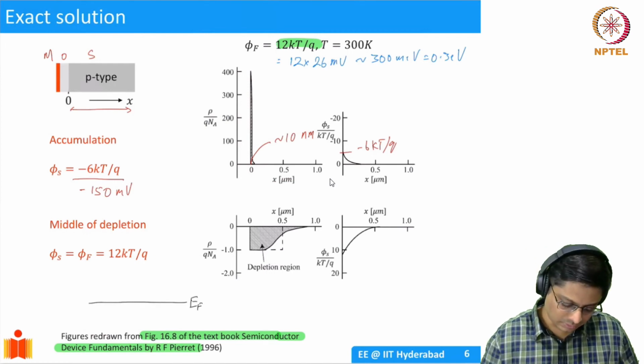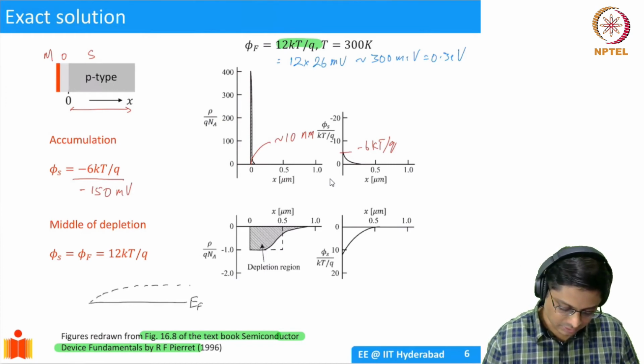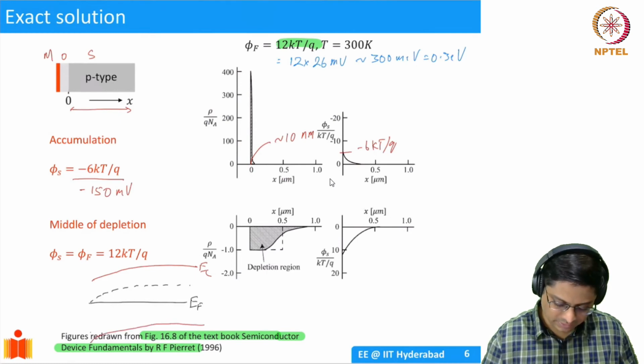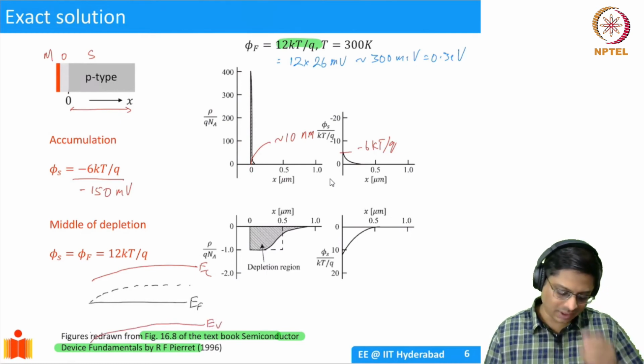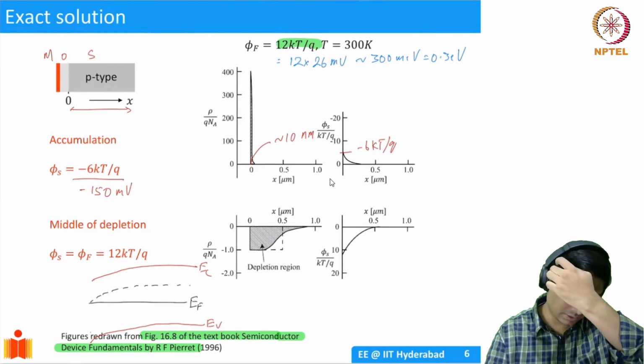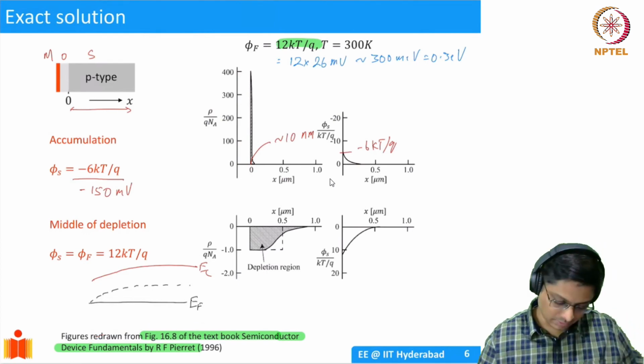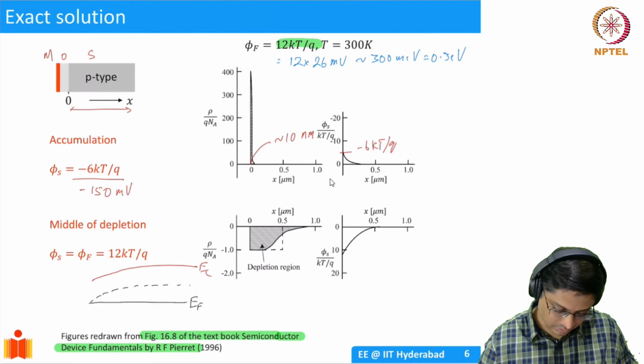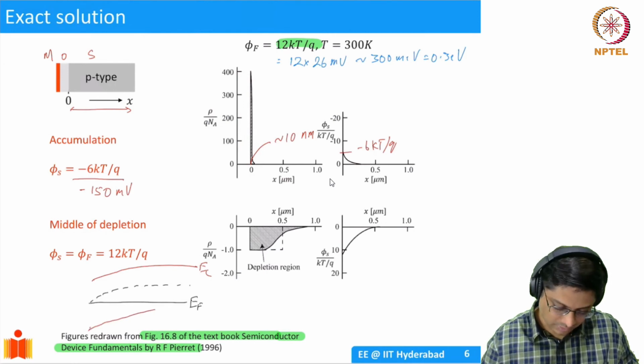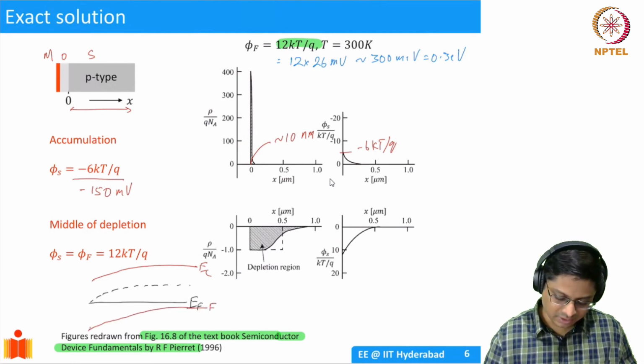So this is my EI, and I'll say I have my EC, and my EV.